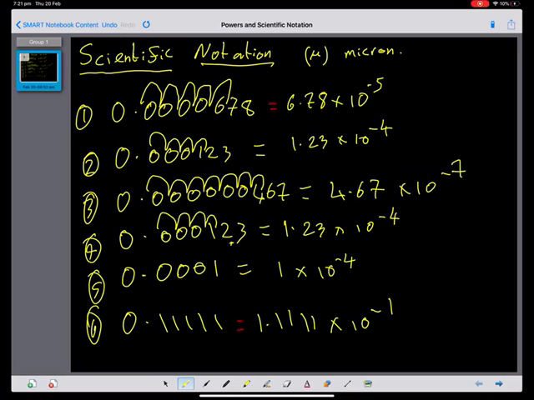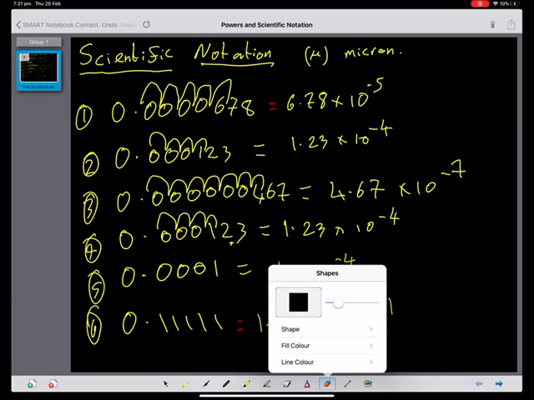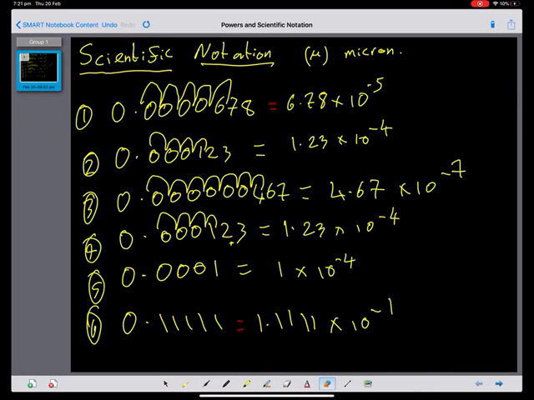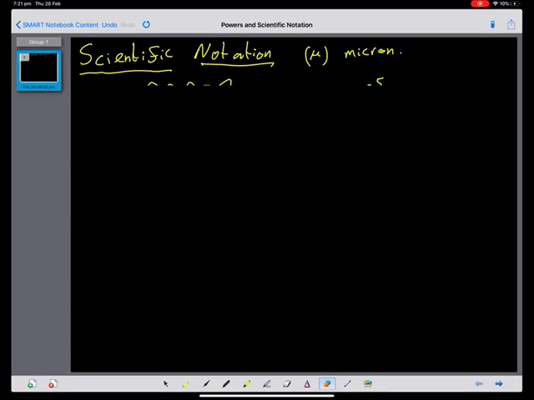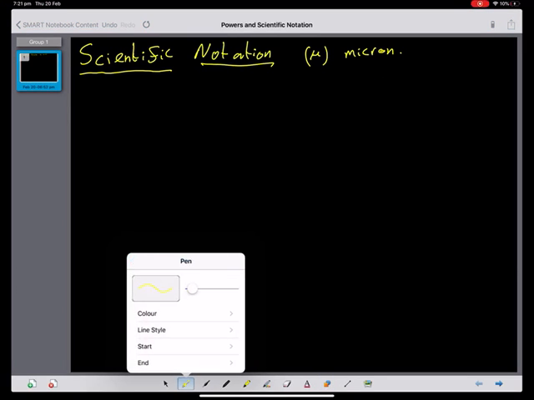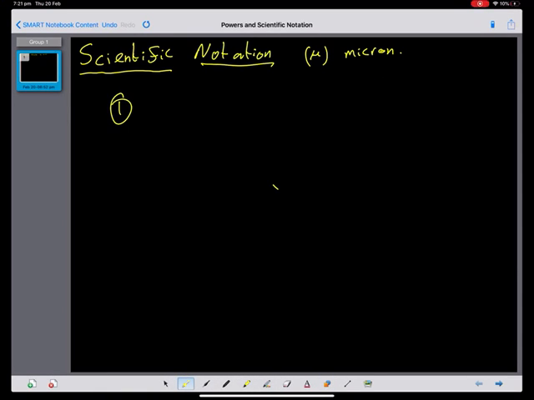numbers using scientific notation. So let's have a look at going from scientific notation to very small numbers. Okay, I'm going to do some examples. Okay, let's do 4 examples.